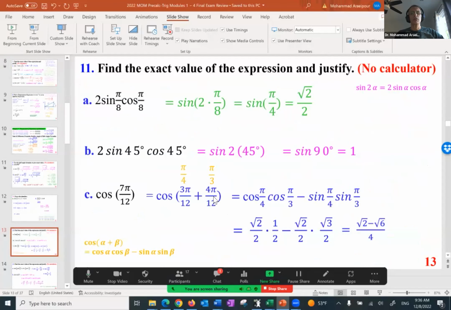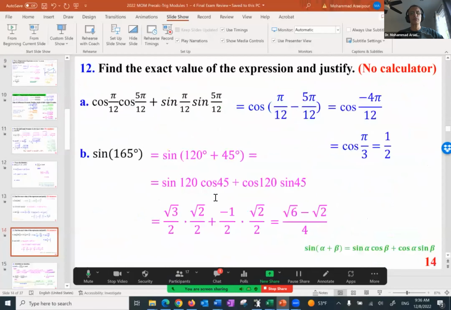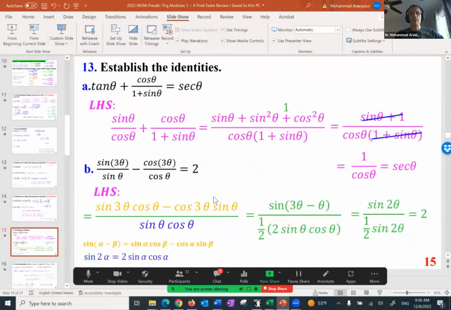We could find exact values of expressions without a calculator, again using identities. We established identities. We looked at proof in essence as we go from one side to the other, from the left-hand side or the right-hand side.